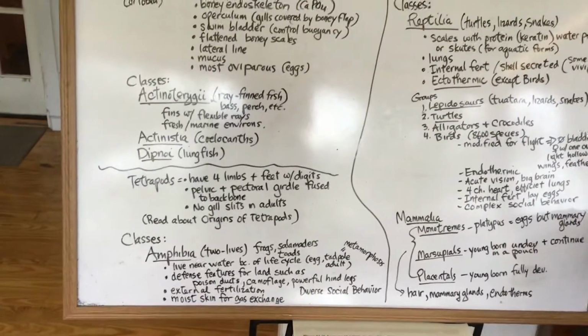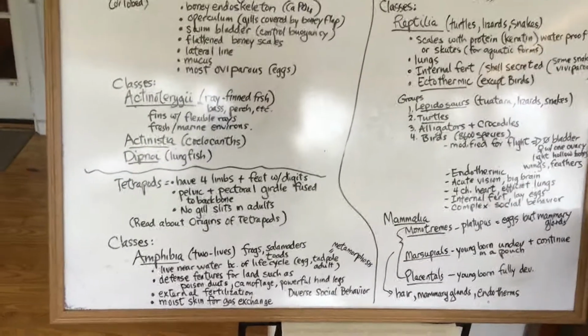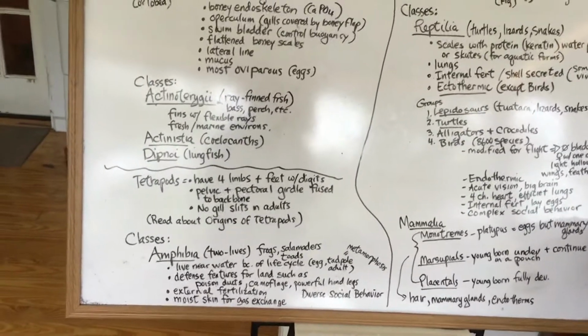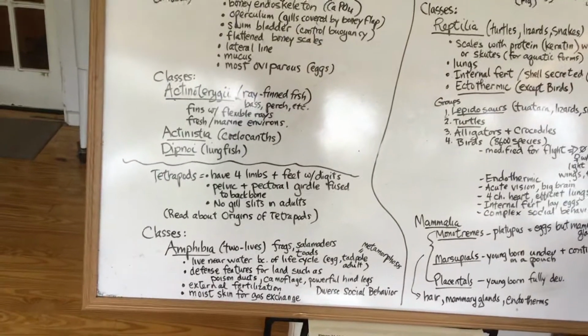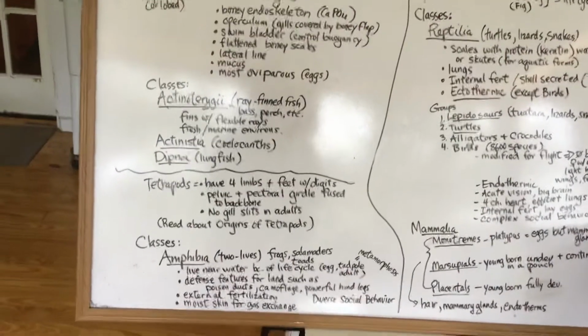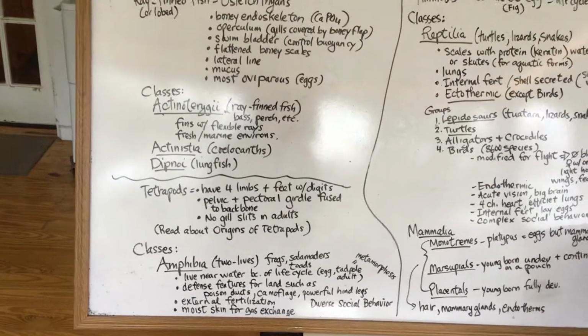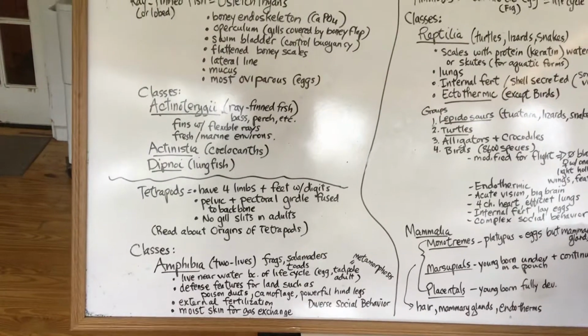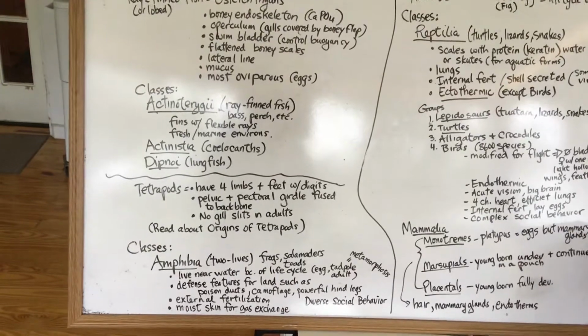But some of them, like toads, for example, might only lay their eggs in moist environments and actually not have the metamorphosis described right here. They have defense features for land, such as poison ducts or some kind of camouflage, or they have very powerful hind legs that allow them to escape predators.